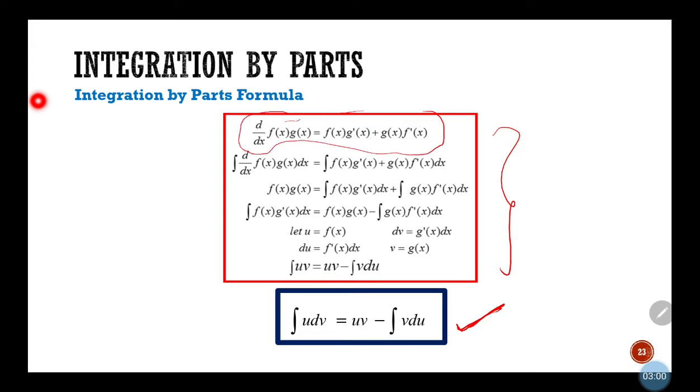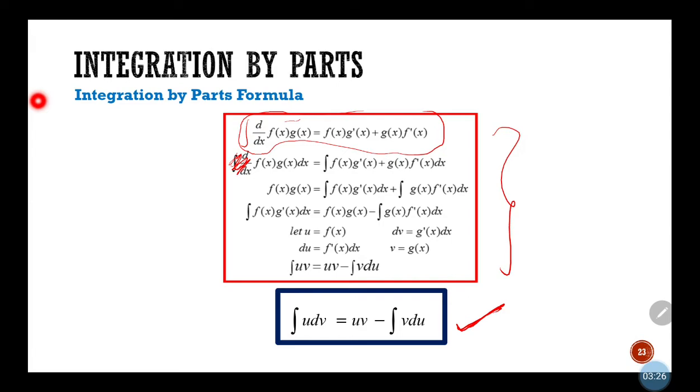Ingat tak, product rule kan kita ada multiplication of two functions f(x)g(x), then we have f(x)g prime(x) plus g(x)f prime(x), right? So if we apply integration to both sides, kita akan cancel lah. Antiderivative of derivative tak adalah, gone. So we have f(x)g(x) is equal to this one.